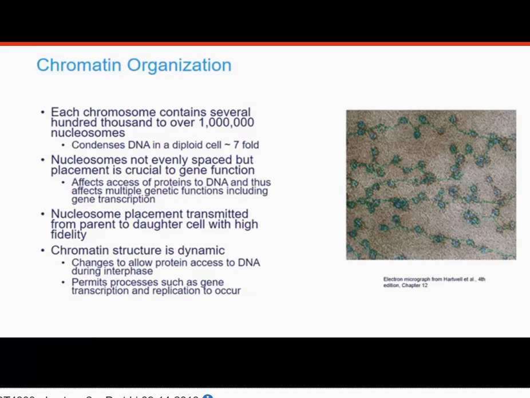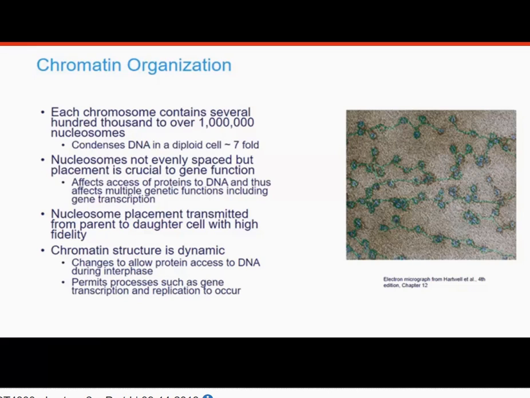Okay, then each chromosome contains several hundred to 1,000 to over 1 million nucleosomes, depending on the size of the chromosome. So it basically condenses the DNA at least 7-fold. But you can see it's kind of like beads on a chain, and they're not evenly spaced throughout the genome, but that placement evidently is very crucial for gene function.